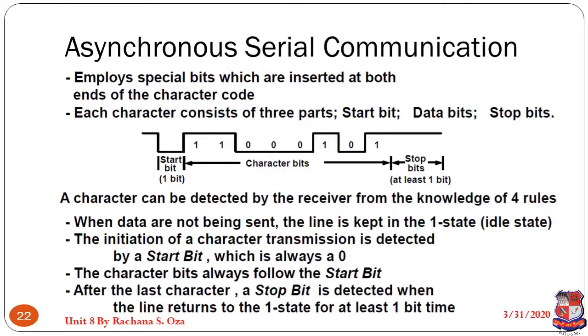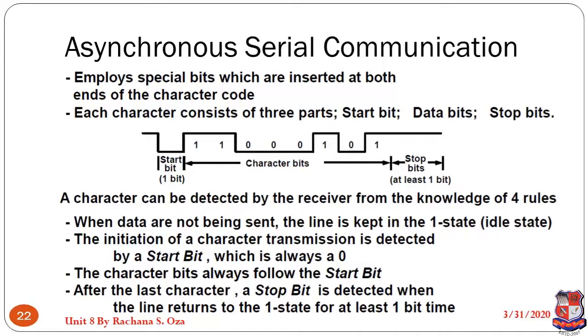Now, this is the pictorial view of data transmission using serial communication. The start bit is 1, as you can see in the timing diagram. The message is 11000010, and the last bit is the stop bit.